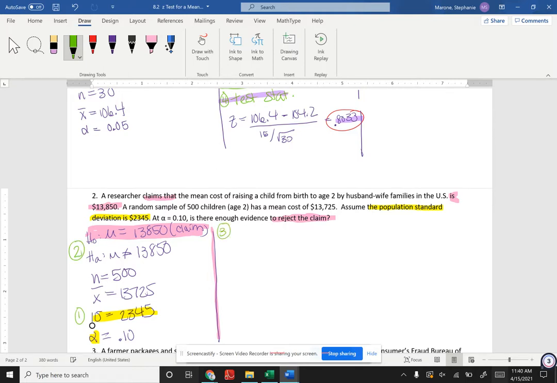Step 3 is the sampling distribution with the critical values. This is a two-tail test. So we do the inverse norm of 0.05 because it's alpha over 2.